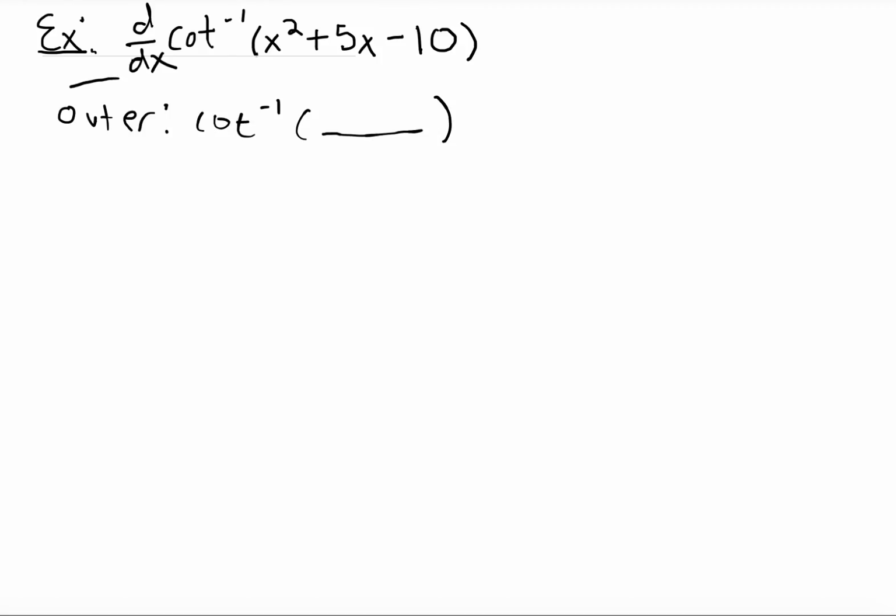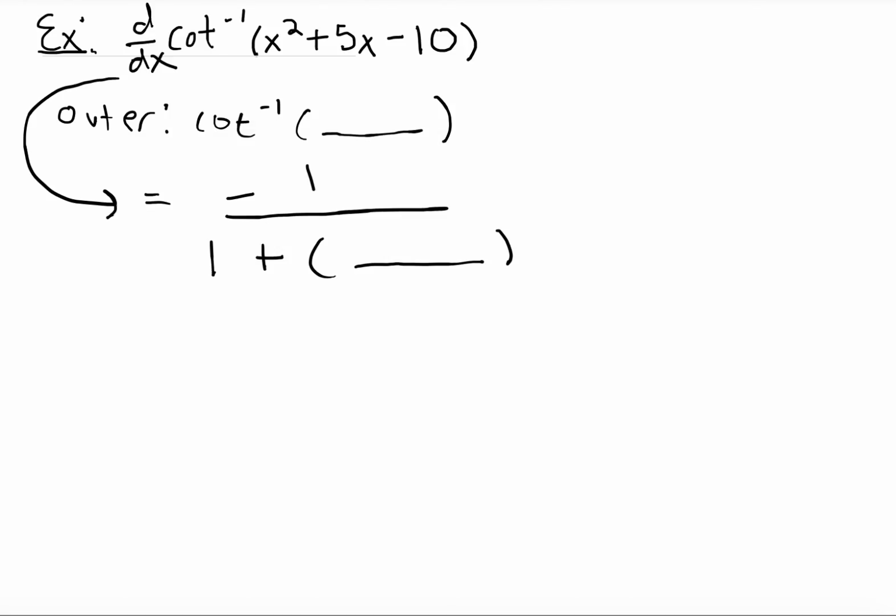So when I go to derive this thing, my derivative of the outside, per the table that I just put up, is minus 1 over 1 plus something squared. Now, I fill in my inside function, my x squared plus 5x minus 10, here. But I'm not done yet because we said we were doing chain rule. We also need to tack on the derivative of the inside, which is going to be 2x plus 5.